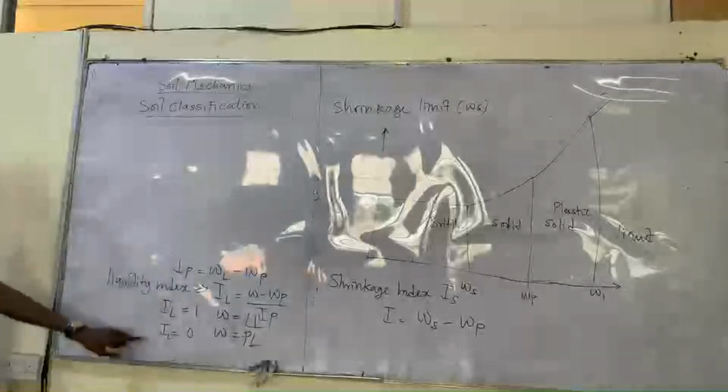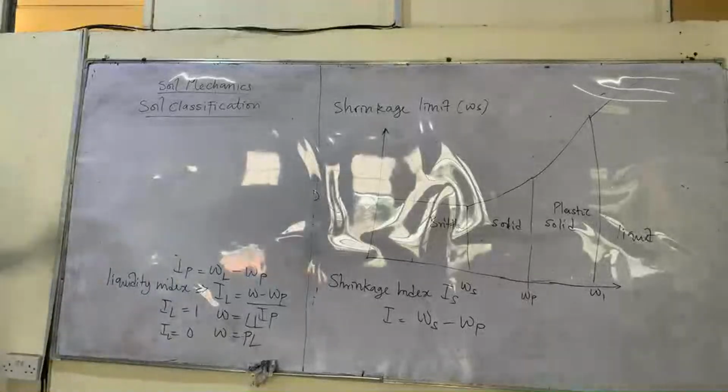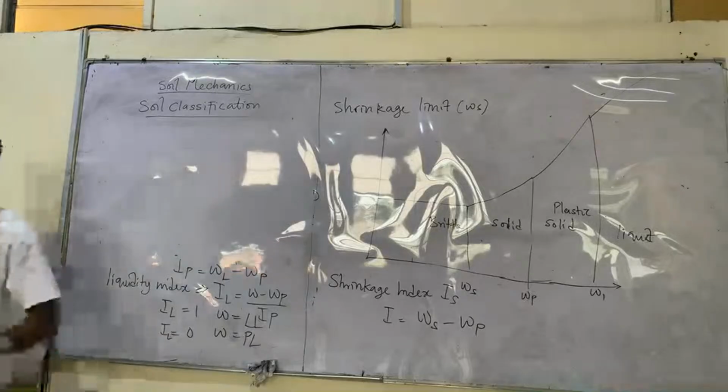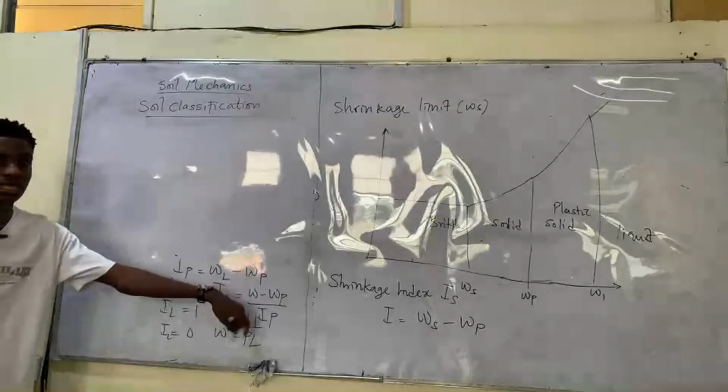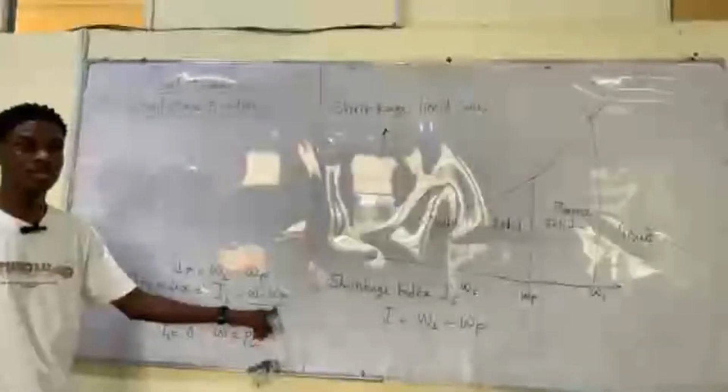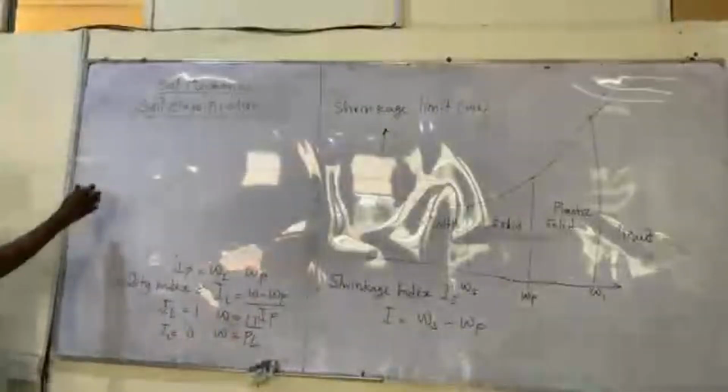Now, the opposite of the liquidity index is the consistency index. We said the liquidity index is the relation between water content and the plastic limit.